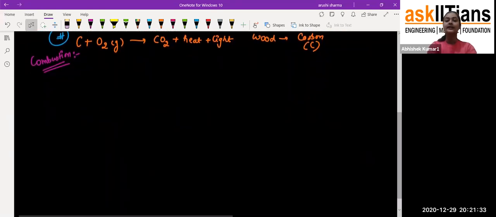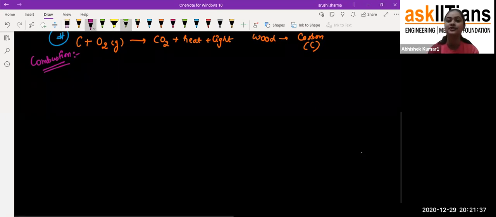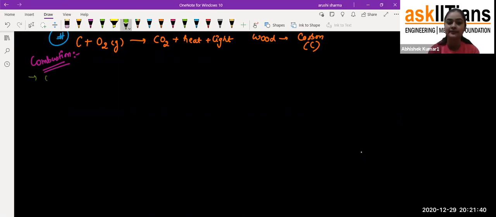Now, like I have told you, we are getting some chemical changes here. There should be some chemical change after the reaction. But see, students, in this case we are getting heat and light. If I ask you, we have so many things in our daily life from which we get heat and light, are all those reactions combustion reactions?